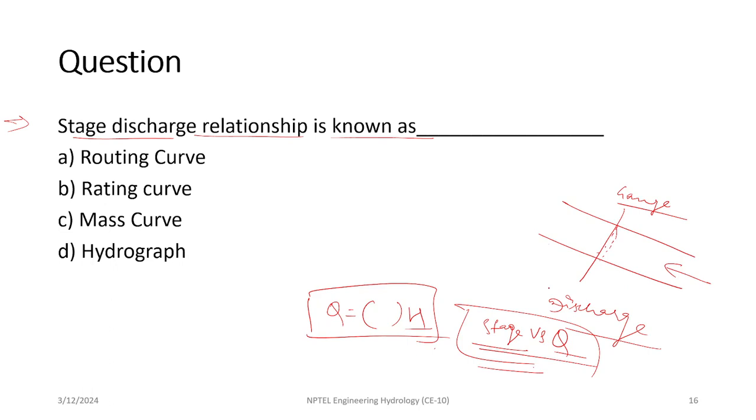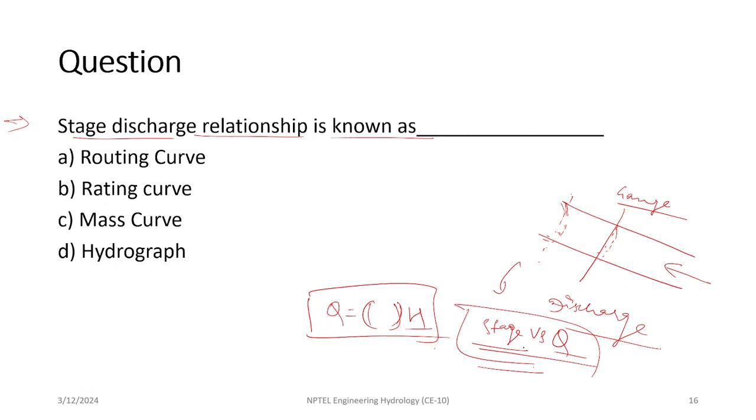This relation can vary depending on the cross section. If we take a different cross section, then we again have to establish this relation of Q versus H. The constant is just representing the behavior of this cross section in this stream channel.